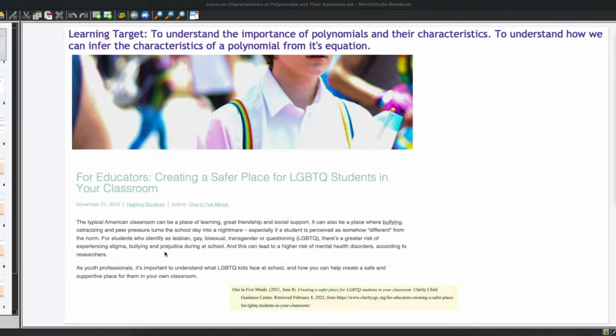And this can lead to a higher risk of mental health disorders, and that's very well documented. There's lots of research out there dealing with this particular issue. And so as youth professionals, it's important for teachers and all youth professionals to understand what LGBTQ kids face at school and how you can help create a safe space and a supportive place for them in their classroom.